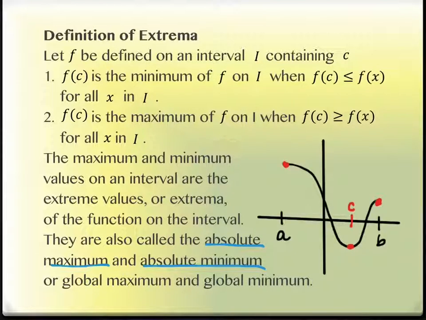So these extreme values can occur at valleys or at peaks, or they can occur at endpoints of intervals. But they will always occur somewhere if the interval's closed.